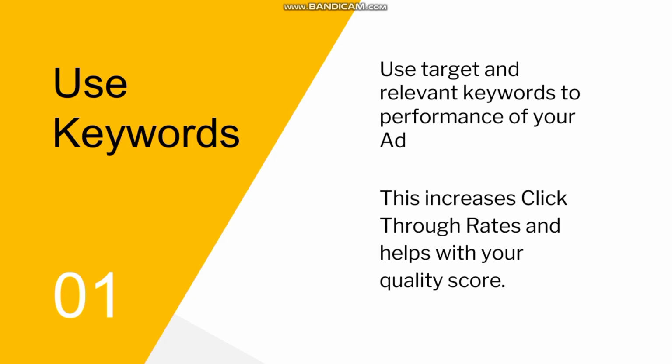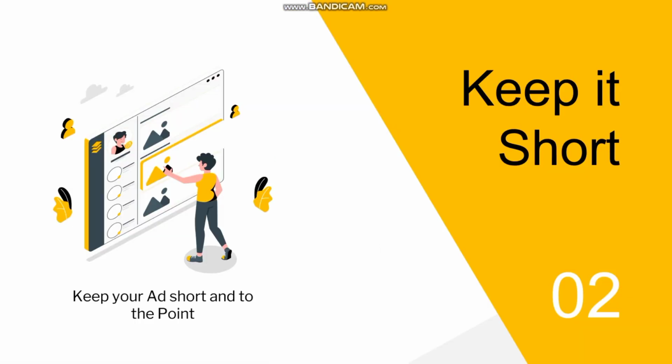This increases your click-through rate and helps your quality score. Now keep it short. You don't have to go for longer ad campaigns. You have to keep them short and to the point.